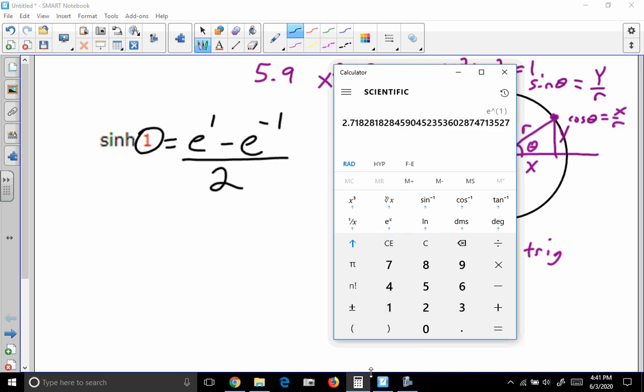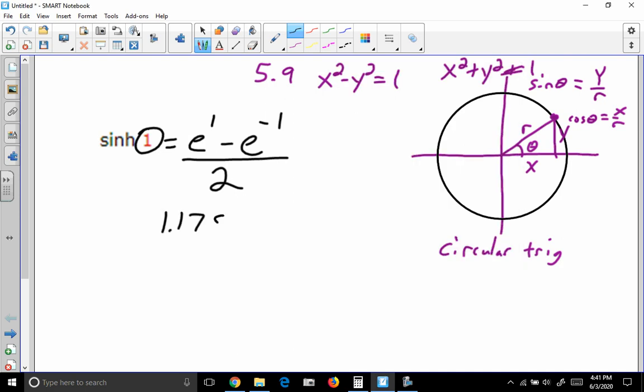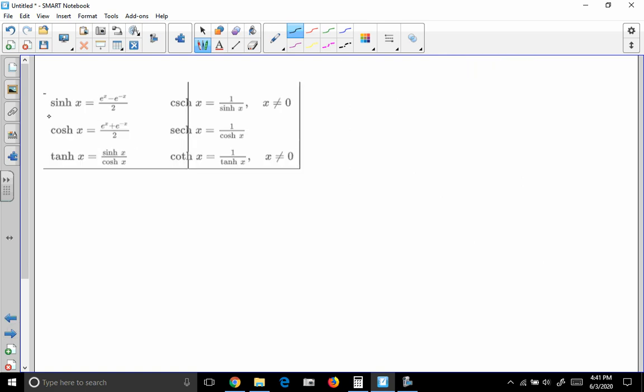So e to the 1 minus parentheses e to the negative 1, that's the numerator, divided by 2. Then we can just take that to however many decimal places we're asked for. 1.175. So that's just plugging a specific number into the definitions for hyperbolic trig functions. If it were asked for cosine of a particular value, we would use this formula and plug our number in.